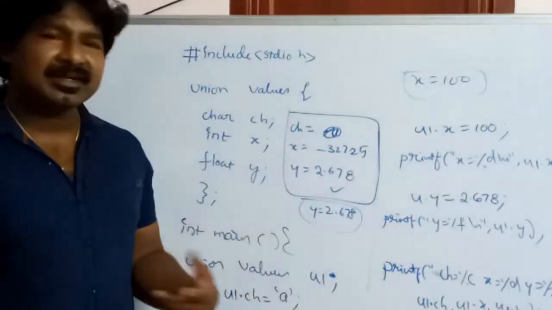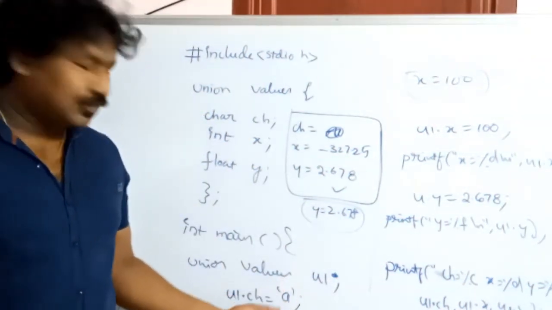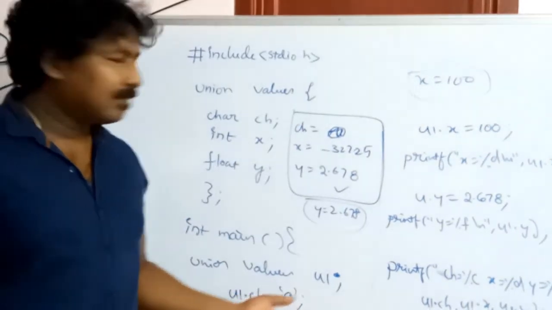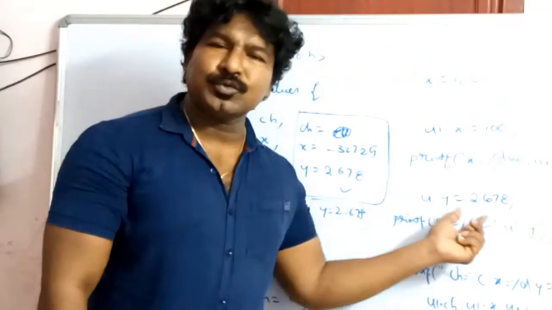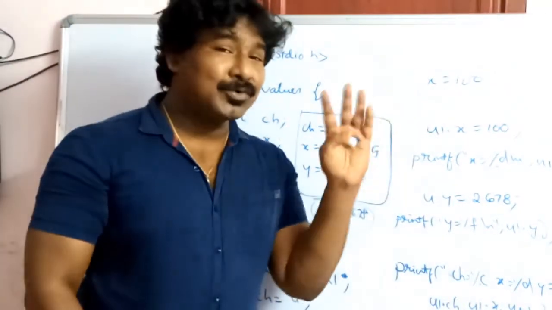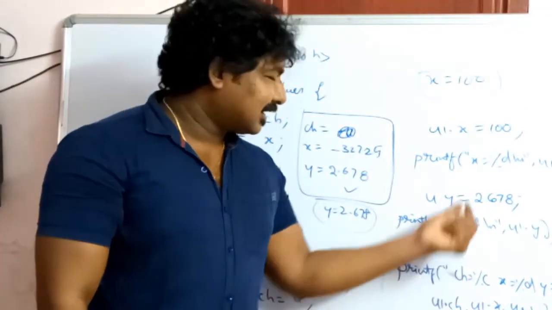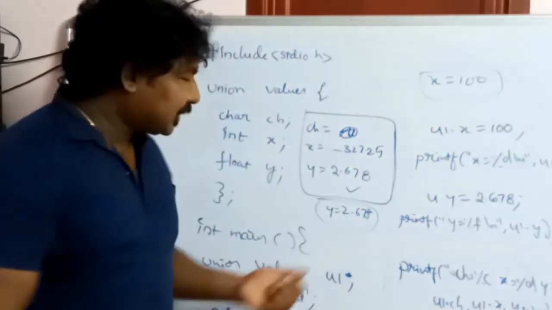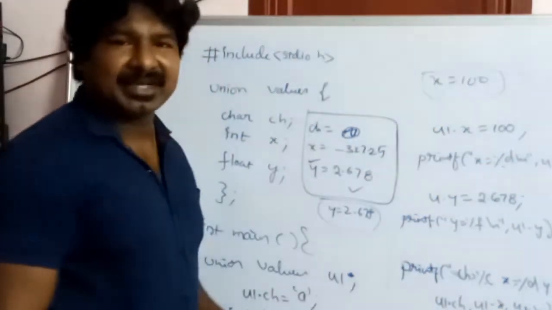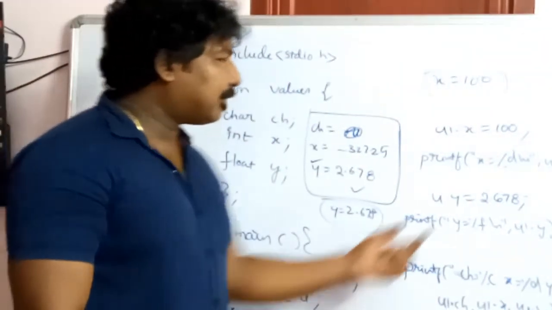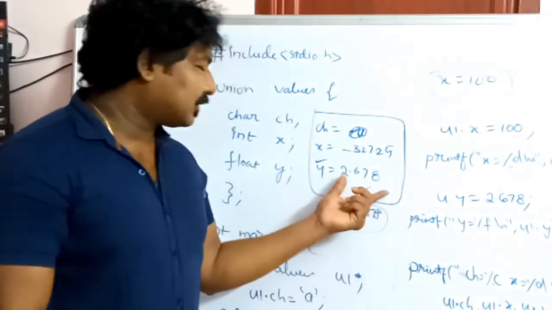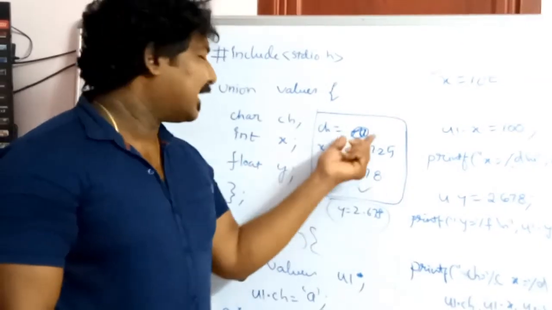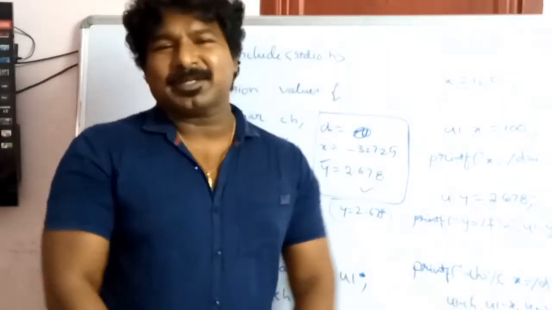We know that in ch we have stored 'a', in x we have stored 100, and in y we have stored 2.678. But the most recent value we have stored is 2.678, so it will retain only 2.678. The 'a' is overridden by the 100 and this 100 is overridden by the 2.678. So only 2.678 prints, and these two variables will get the garbage values.